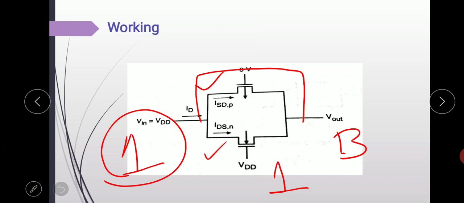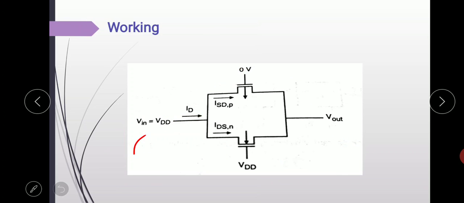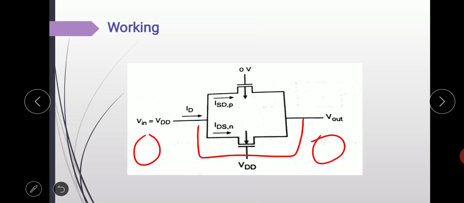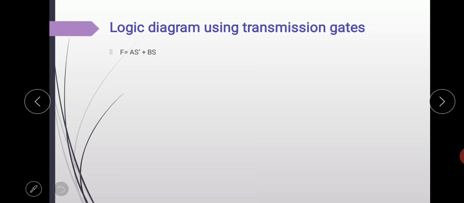Okay, and when 0 is given, it selects the path through NMOS to give a strong 0 at its output. It never passes through both paths, so it selects as per the condition, that is, PMOS is good to pass logic 1 and NMOS is good to pass logic 0. Okay, so this is all about the transmission gate.